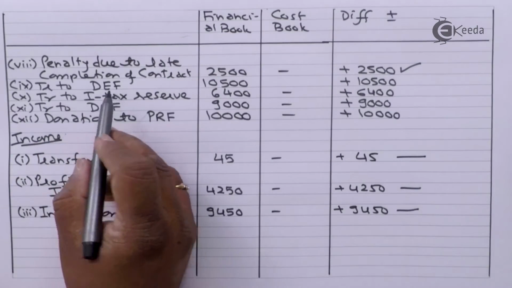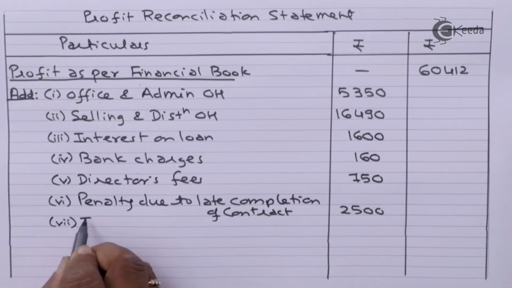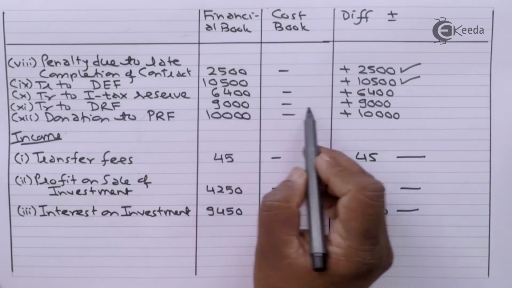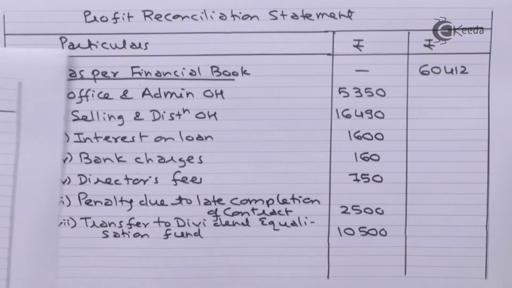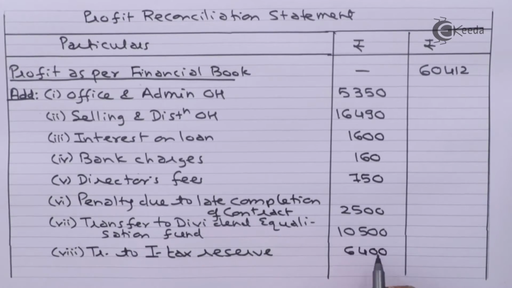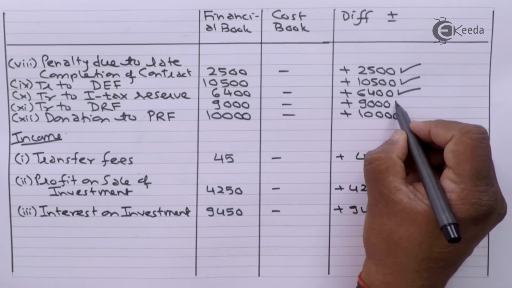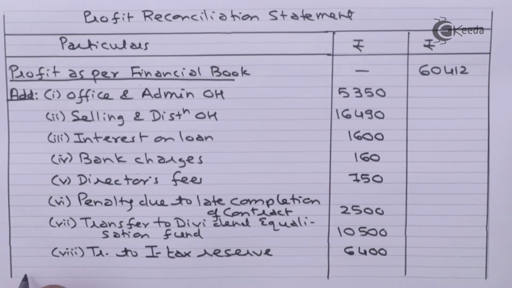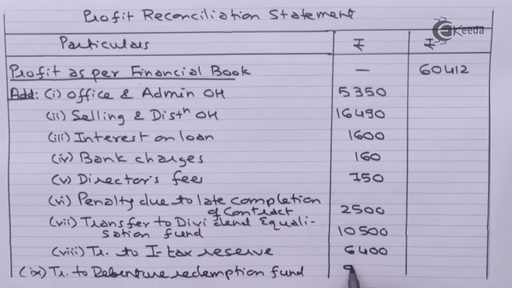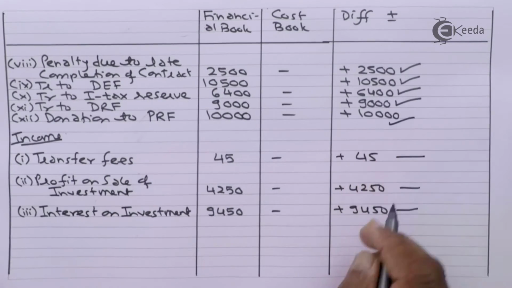Transfer to dividend equalization fund 10,500. Transfer to income tax reserve 6,400. Transfer to debenture redemption fund 9,000. Donation to Prime Minister Relief Fund 10,000.